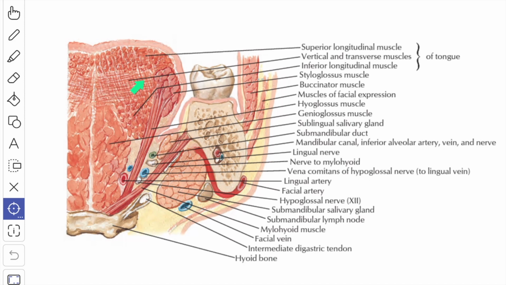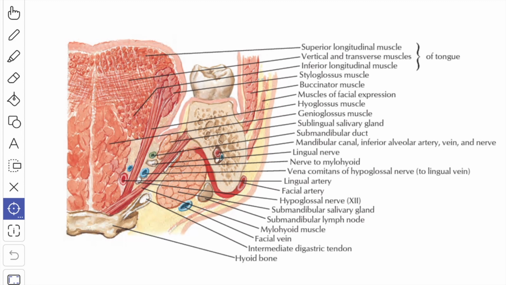Then the transverse linguae muscle. The transverse linguae muscle arises from the median fibrous septum, passes laterally through the genioglossus muscle and is inserted to the side of the tongue. These muscles reduce the width and increase the length of the tongue. Then the verticalis linguae muscle.